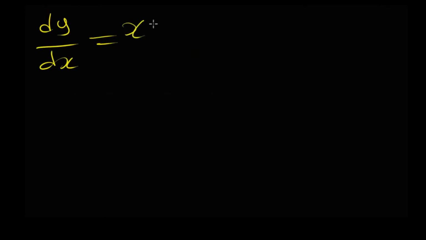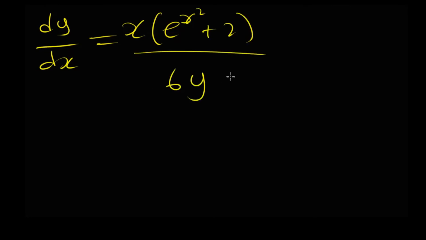The most difficult is the exact one, which I think we should focus on more, because these ones are the easiest. I don't think in an exam somebody can fail them. So this one is also separable, right?